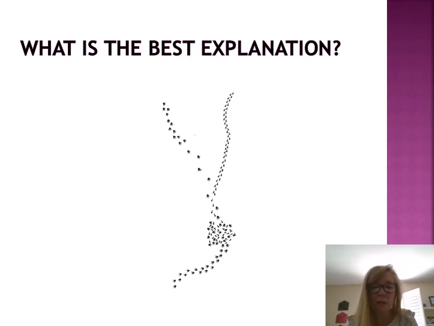I'll give you a second to explain to me what you see, what happened in the slide. Okay, what you're going to do is make some observations, and you're going to give me a theory that explains your observation. It accounts for the facts, the empirical, sensory, visual facts of what you see here. Okay, what do you think happened?